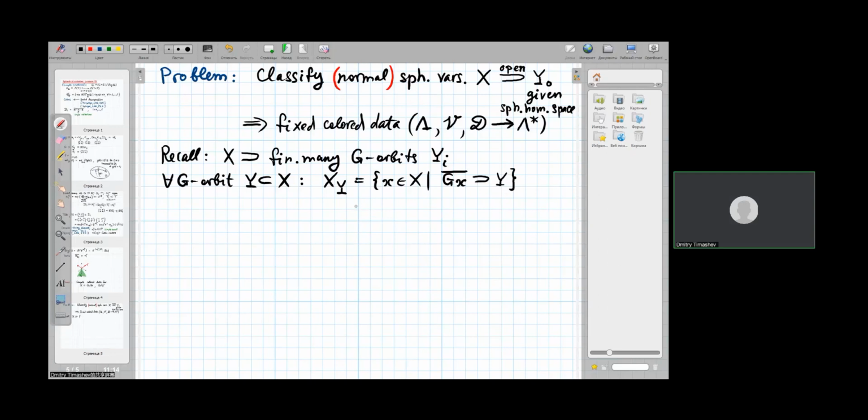In other words, x sub y can be expressed by removing from x the union of all orbit closures yi bar which do not contain y.